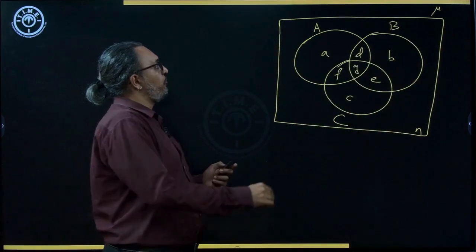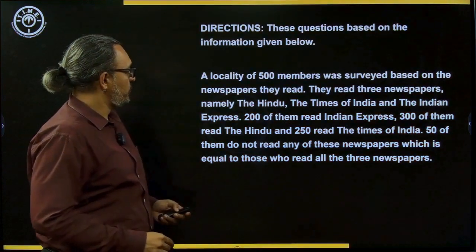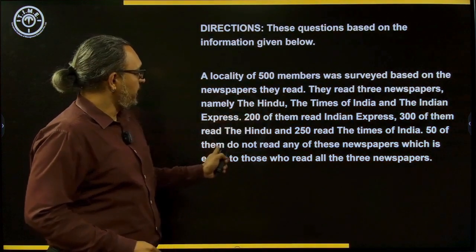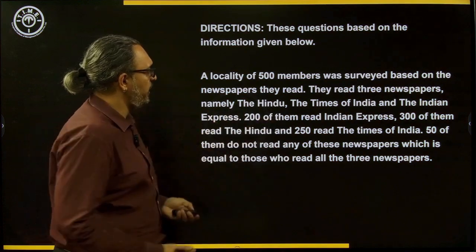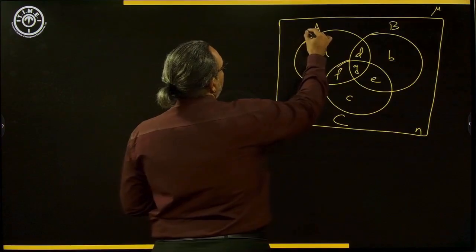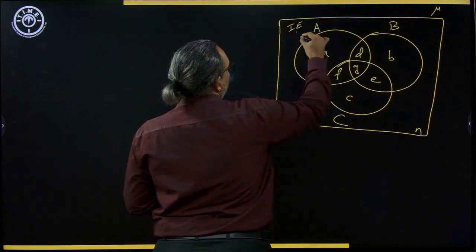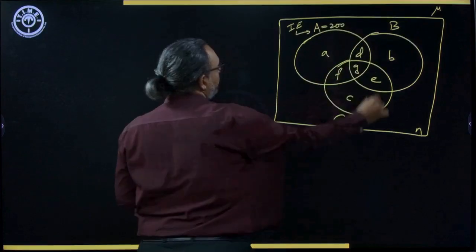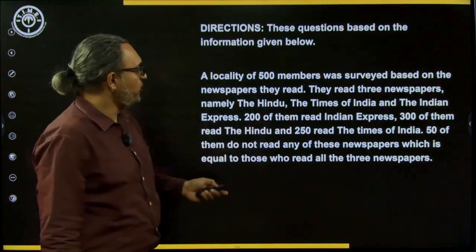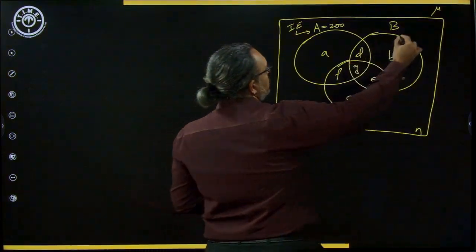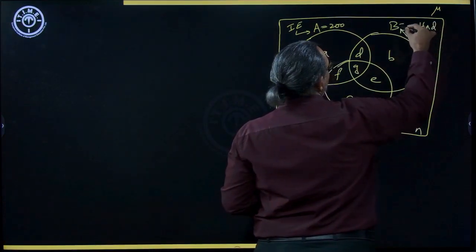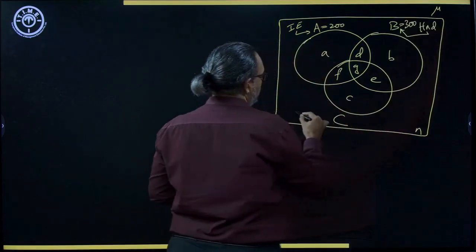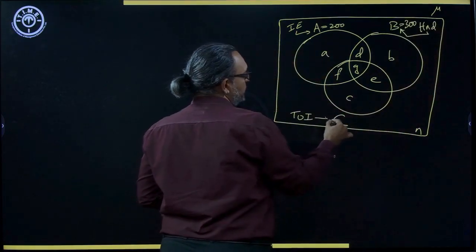Correct? Now we have 3 newspapers, Hindu, Times and Indian Express, whichever is given first. See, whichever order you want, you can take. So 200 is for Indian Express. So I'll take Indian Express as A, that is 200. Then 300 Hindu, 250 Times. So B is, I'll take Hindu. So that is 300. And C is Times of India.